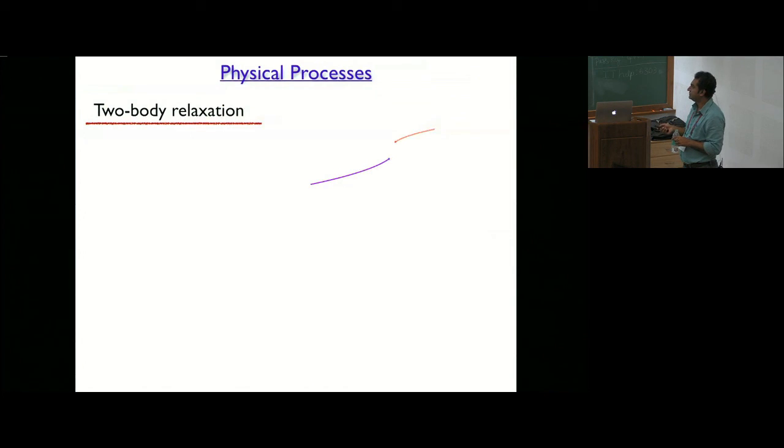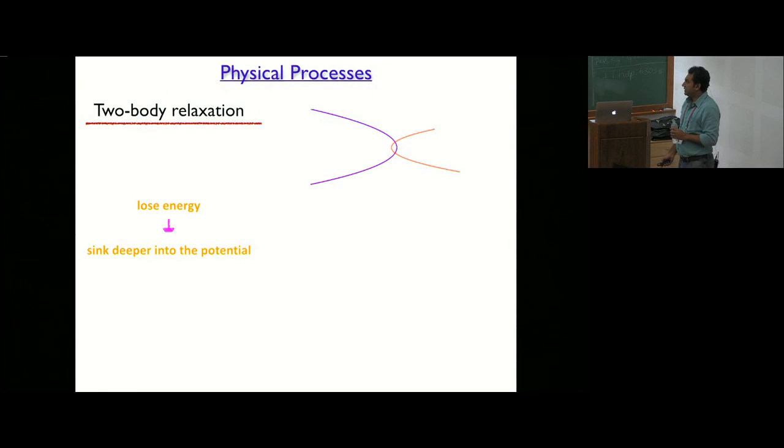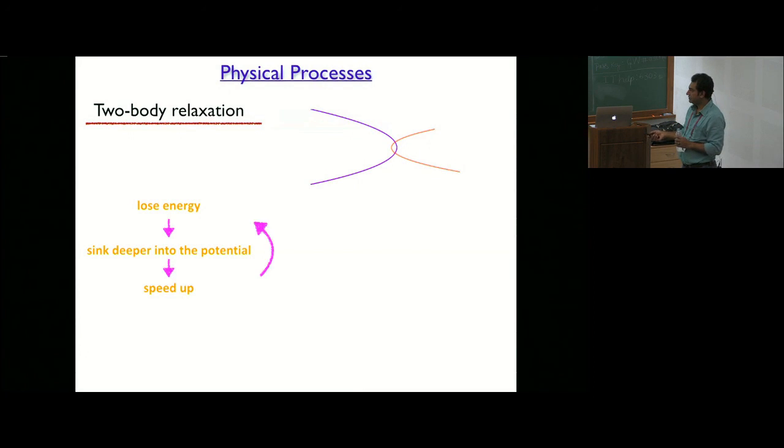Two-body relaxation. We will have a formal description of what two-body relaxation is in later lectures. Essentially, stars gravitationally influencing each other. A natural outcome is that a more massive star loses energy and sinks deeper into the potential. As it sinks deeper, it speeds up, so it can lose more energy.